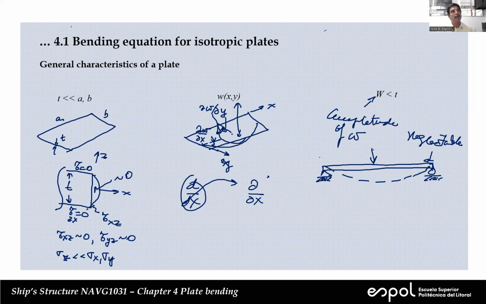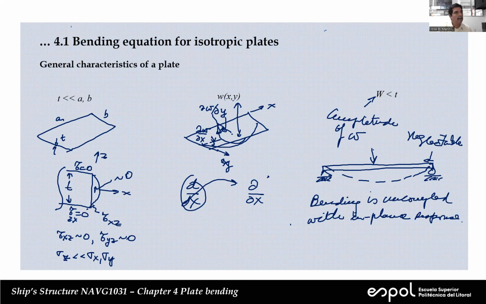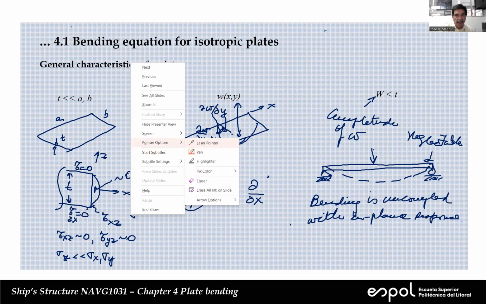Why? Because W is small. So bending is uncoupled with in-plane response.